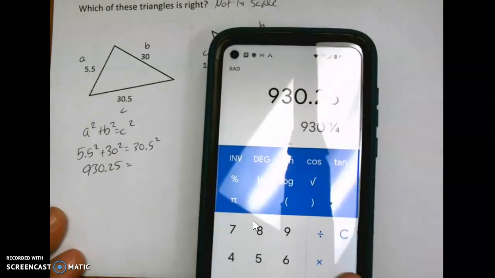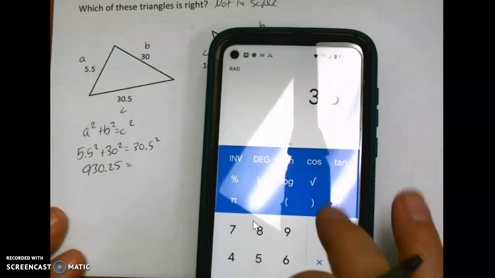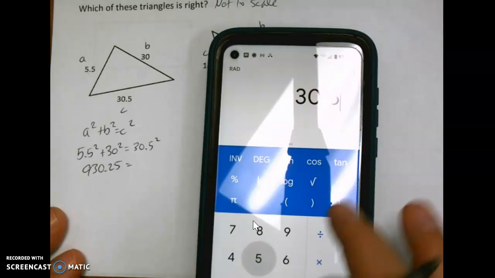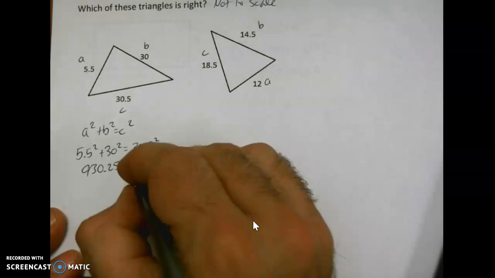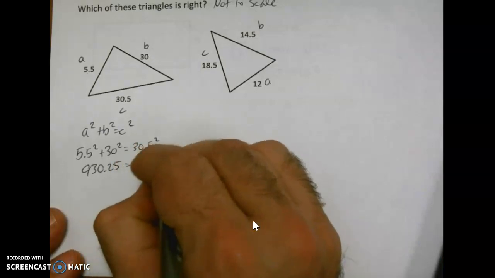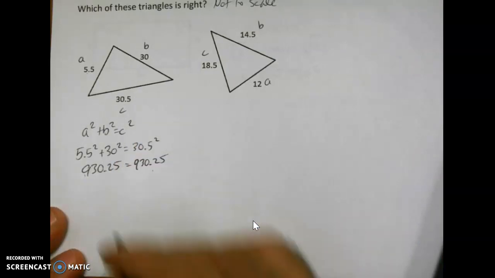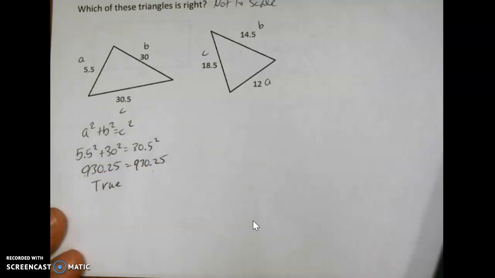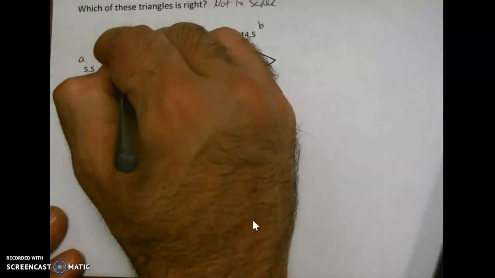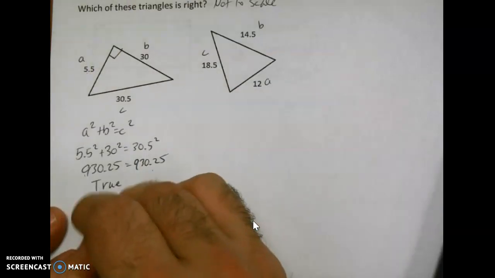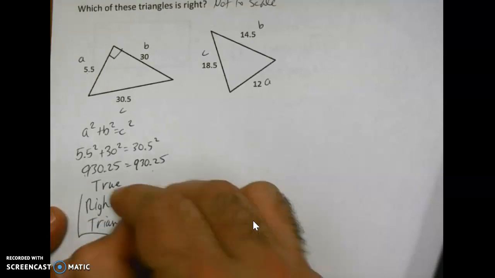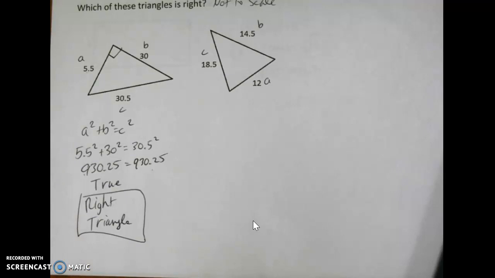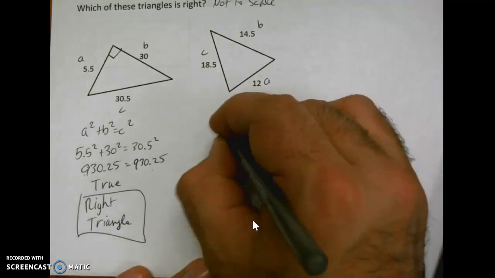And 30.5 squared equals 930.25. Hey, they are equal. This is true. So this is a right triangle. We confirm it. Okay? Let's see what happens with this one.